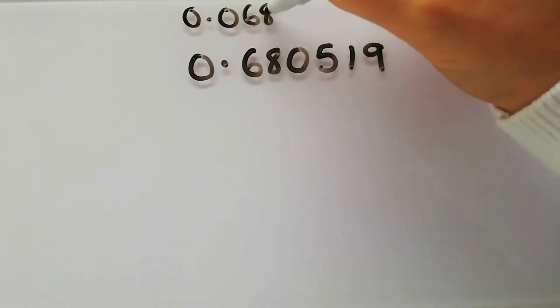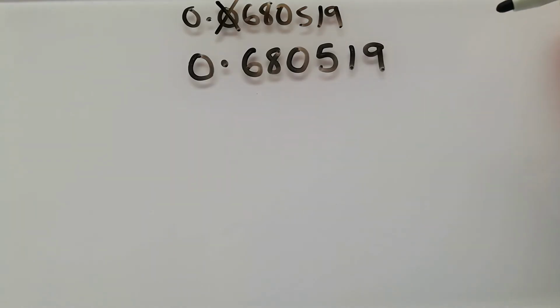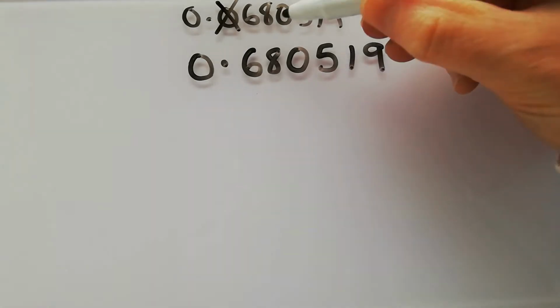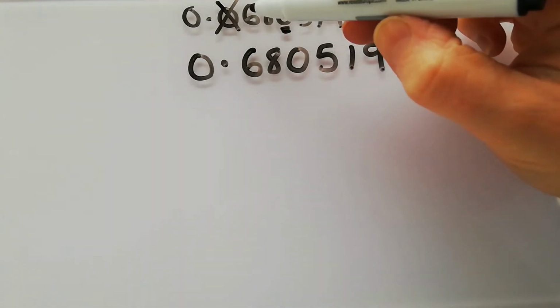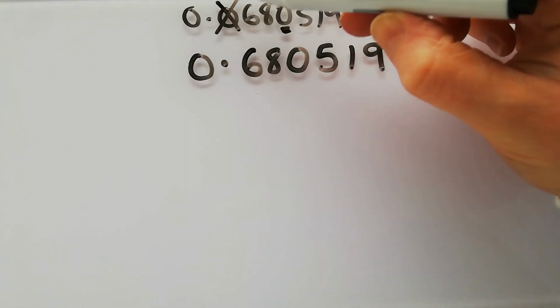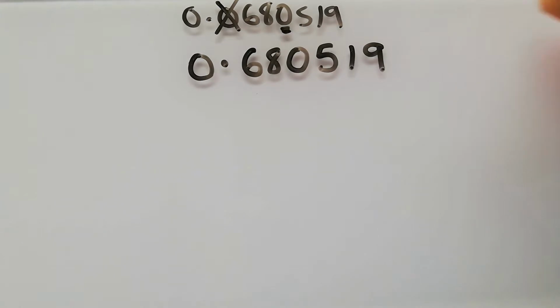So if I had 0.06800519, that would not count as a significant figure because it comes before any proper numbers, before any non-zero numbers. But this one does count as a significant figure because the 6 counts as our first, the 8 counts as our second, and we do include the 0 as a third significant figure.